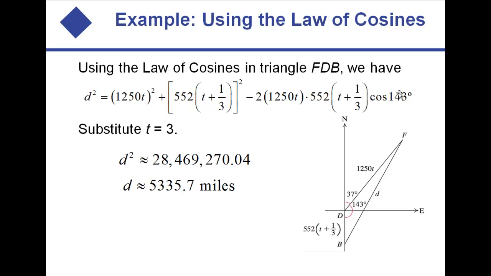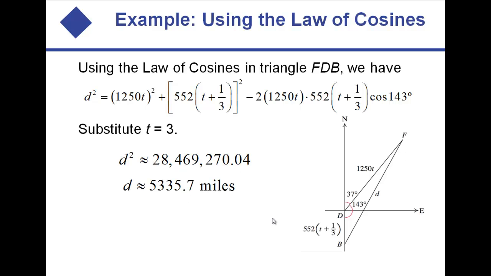These formulas, it's always the angle associated with the side, and the angle associated with this side is the 143. If this is a 37-degree angle, we know the leftover bit from 180 gives us that 143 degrees right there. Plug all that into the formula, substituting in t equals 3 because they wanted you to find out how far these two planes were 3 hours after the F-16 had passed over Disney World.